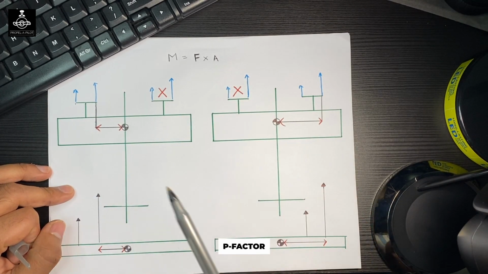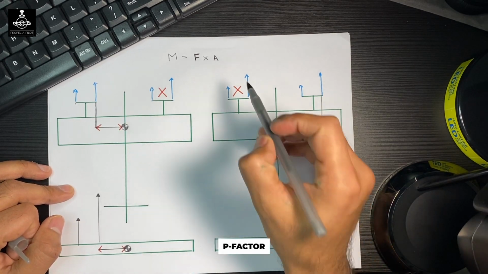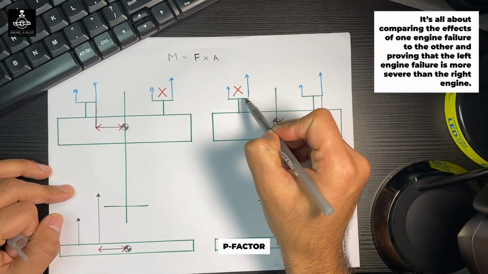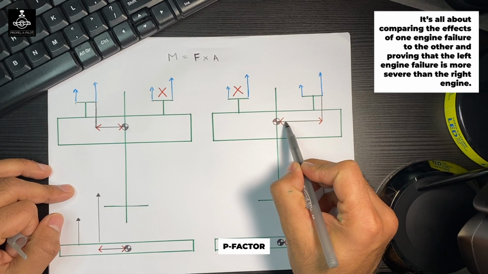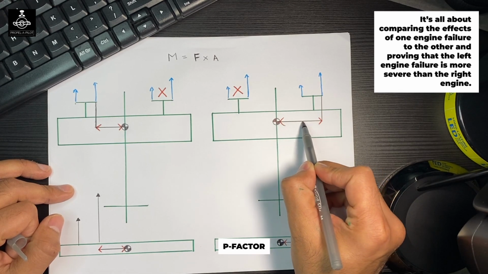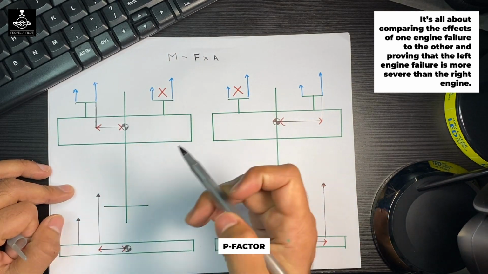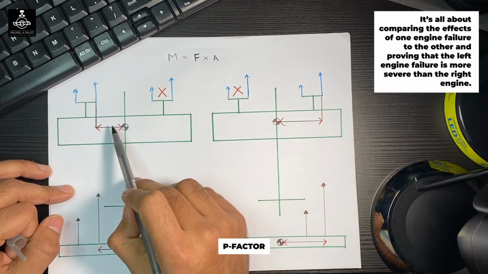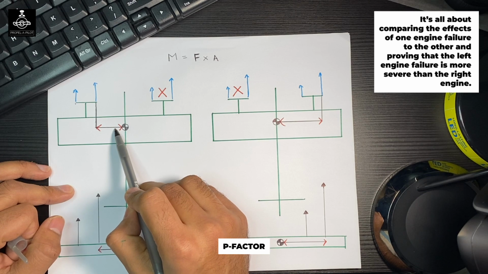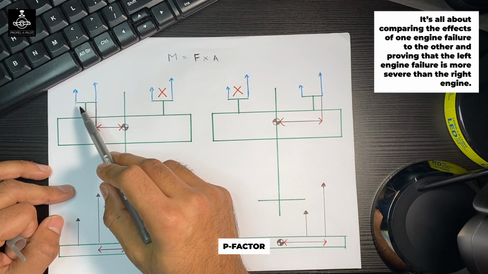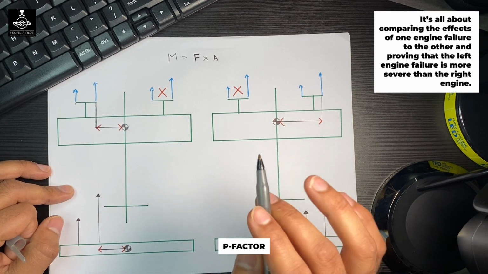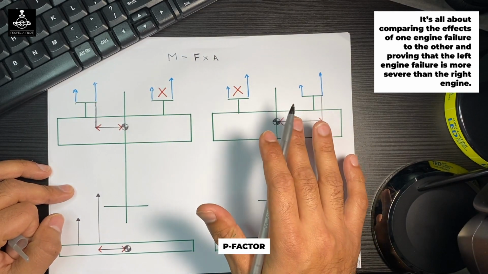Which means, and listen to me carefully, when the left engine fails, we will have a stronger yaw to the left as compared to when a right engine fails and the yaw to the right, based on P factor.